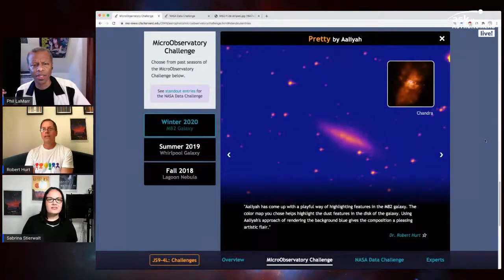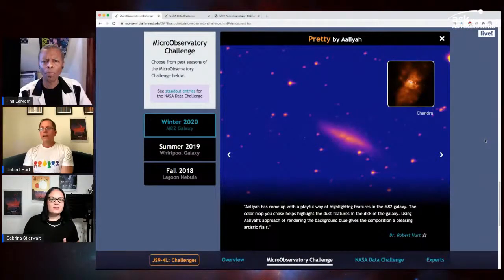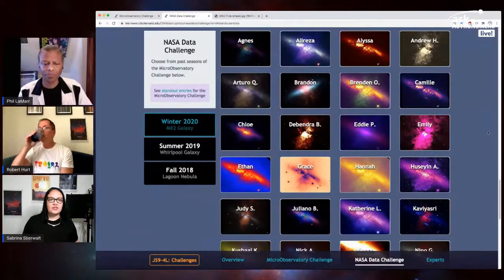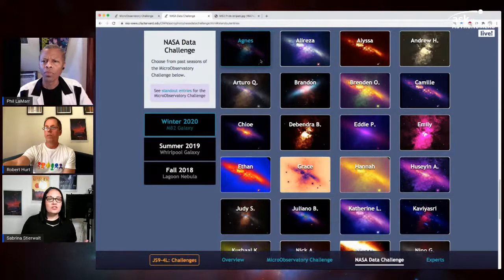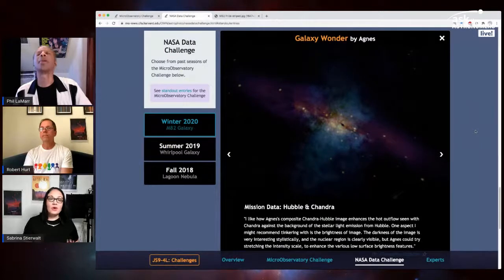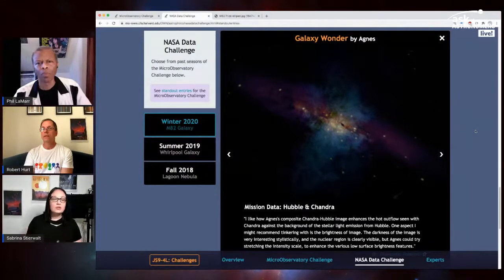Yeah. The other half of the challenge is NASA's Astrophoto Challenge, where, as you're pointing out, this galaxy starts to look very different. That's because we're looking at different wavelengths of light, but these are all the same galaxy, M82. Different wavelengths: optical light, infrared light, UV, ultraviolet light.